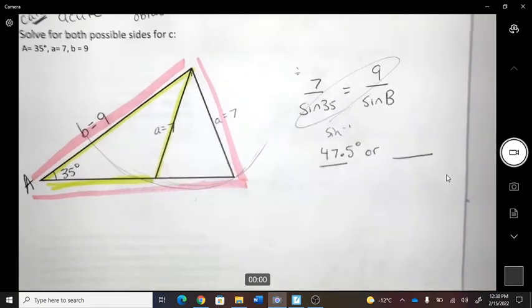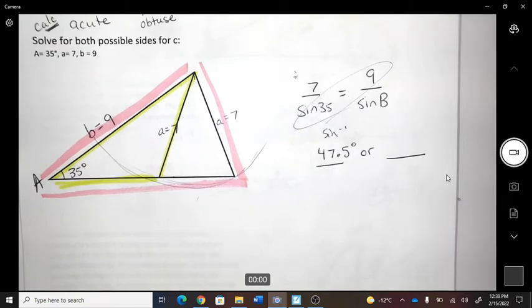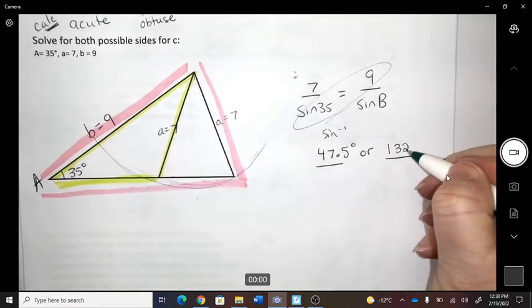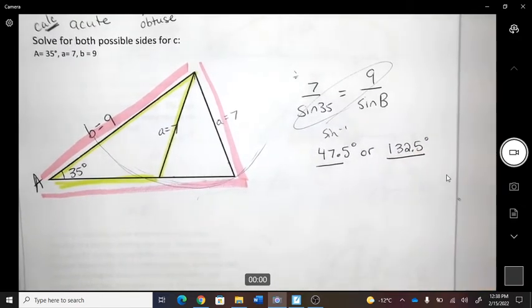Okay, so this was our ambiguous situation, our SSA, so I need an angle or another angle. You can have two options for angles. So here's the rule we just did. So did you put 132.5 as the option your calculator can't tell you?